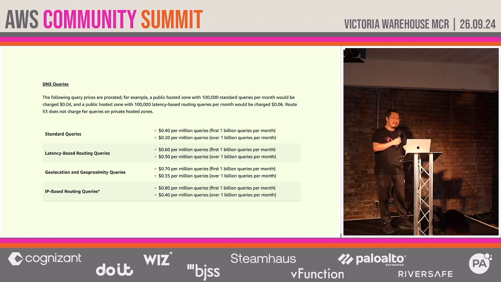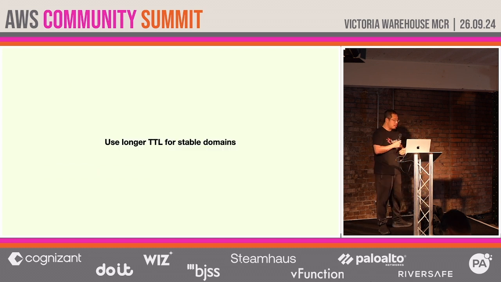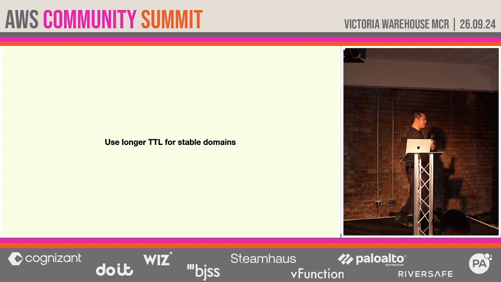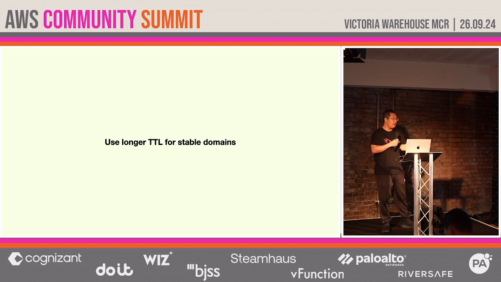If you've got a domain that is fairly stable, that is not going to change rapidly or regularly, then just slap on a longer TTL so that you reduce the number of queries that Route53 has to handle for you. Again, maybe not something that most of you have to think about, but if you need to operate at scale, dealing with lots of user requests, then these small optimizations can become really big cost savings.